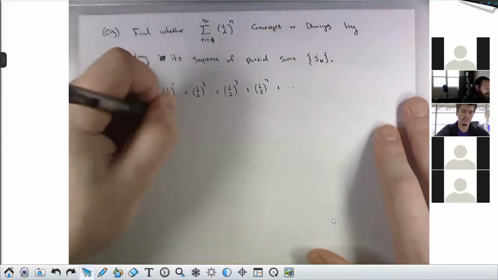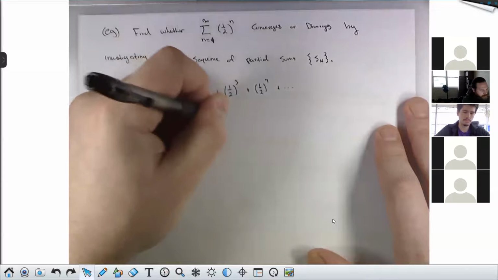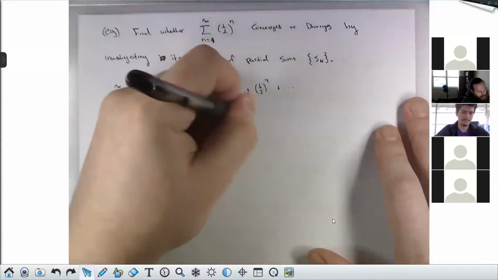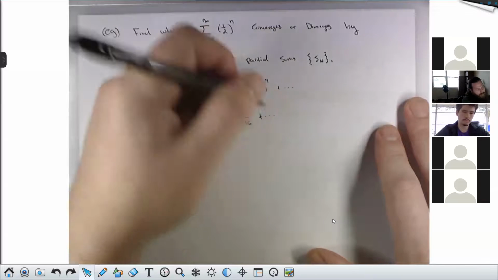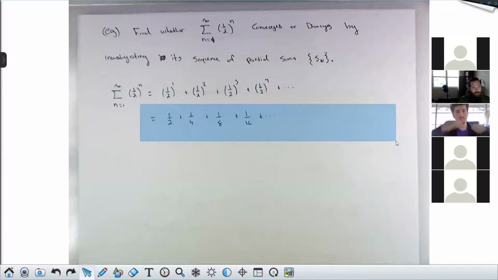This would be 1/2 plus 1/4 plus 1/8 plus 1/16, on and on forever. Because it goes on and on forever, I can't just write it out and add them up. It goes on for too long. That's the whole issue with infinite series. When you write them out like this, they're too long to compute.